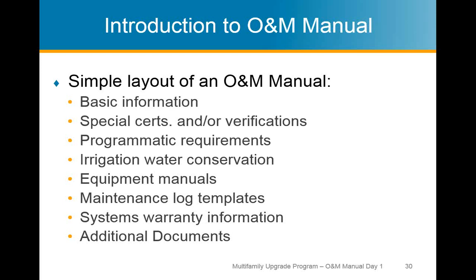And then hand in hand with equipment manuals, systems warranty information is sometimes a forgotten topic, but vitally important. We need to know when building systems and equipment warranties are up. We don't want to spend unneeded repair money on things that could have been covered under warranty.